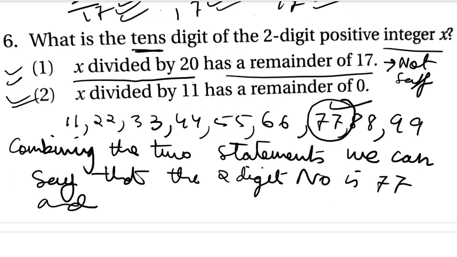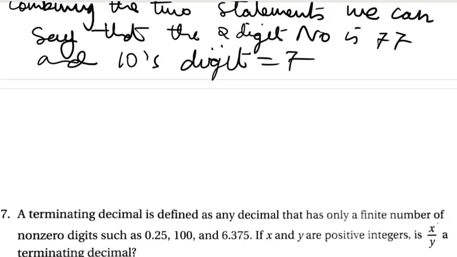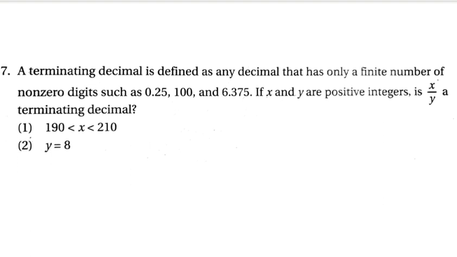They are asking the tens digit, and the tens digit is equal to 7. Alright, very simple question. Let's move on to our next question. So moving on to our next question, let's go and read the next question.